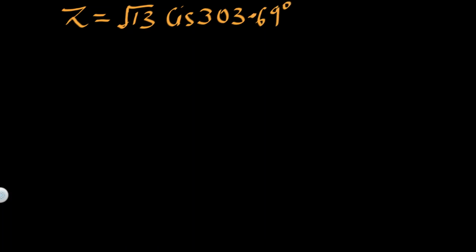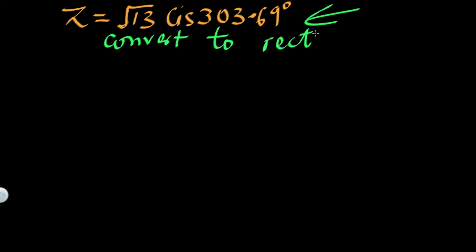This form here is not very useful if you want to convert. So our question is saying convert to rectangular form. The version that we have here is not very friendly when it comes to conversion to rectangular form. Use the other version.